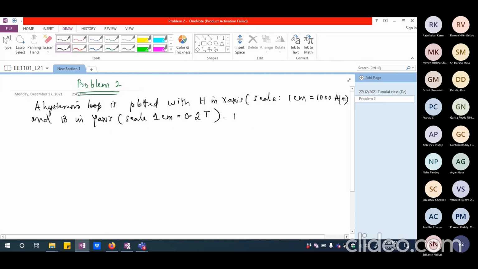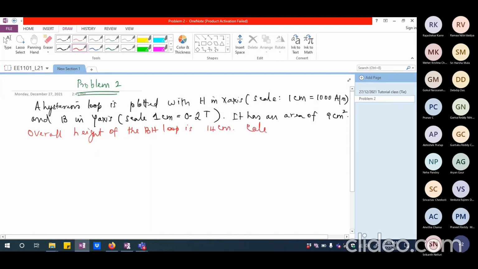It has an area of 9 centimeter square. The overall height of the BH loop is 14 centimeter.